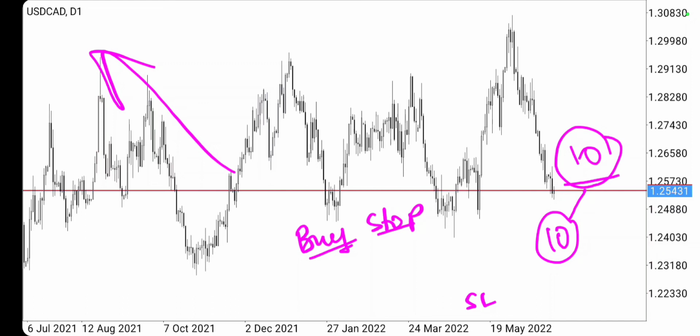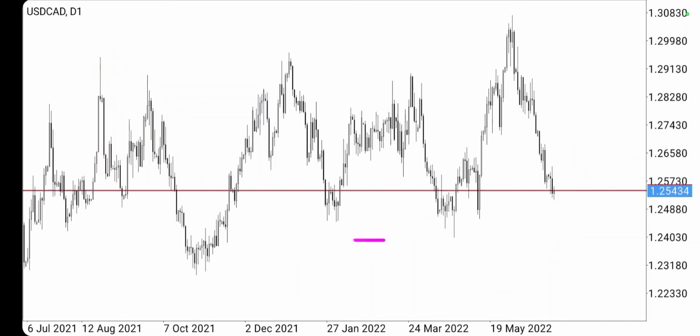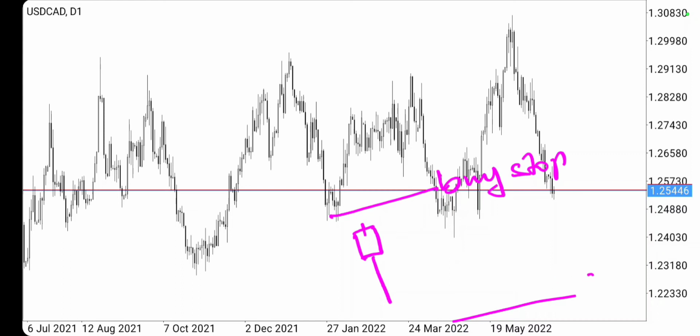Using the same scenario of a pin bar, you want to buy this pin bar and you decide to go with a buy stop, and your stop loss will be below the buy stop, right? So the space you leave on this side and the space you have on this side won't be the same.